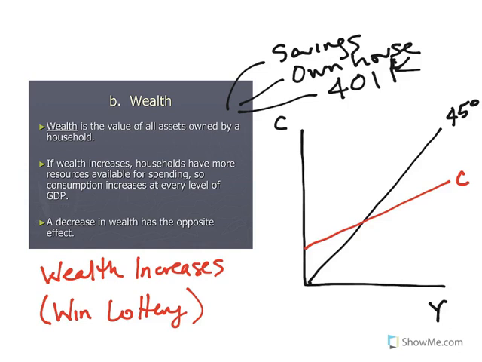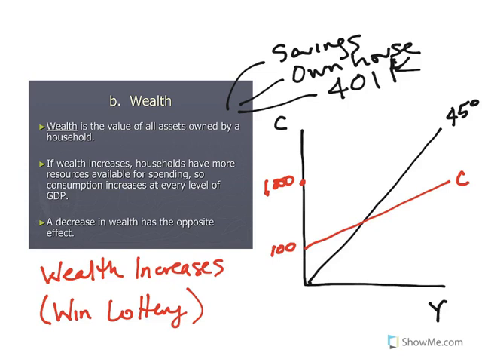So what's going to change is my autonomous consumption. Let's say before I only had $100 of autonomous consumption, meaning that's all the money that I spent that wasn't dependent upon how much money I make. But now that I have $1 million sitting in the bank, maybe now I'm going to increase my autonomous consumption up to 1,000. Now I'm going to spend a lot more money that's not dependent upon my income.